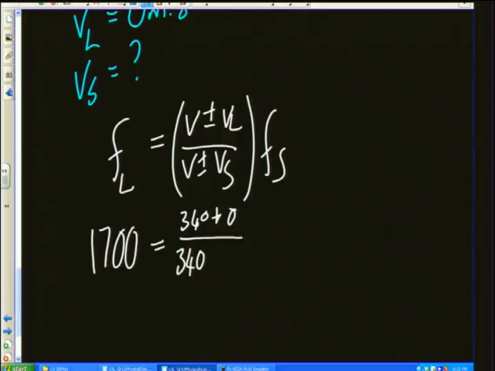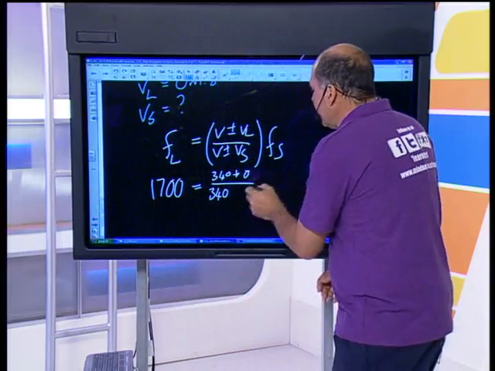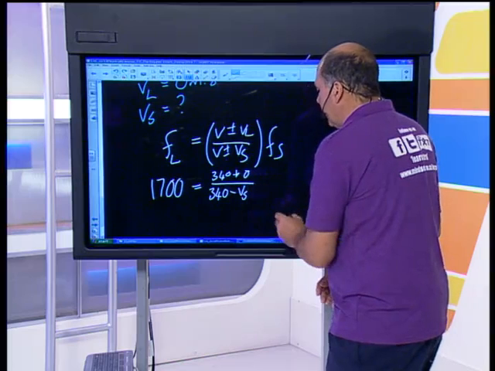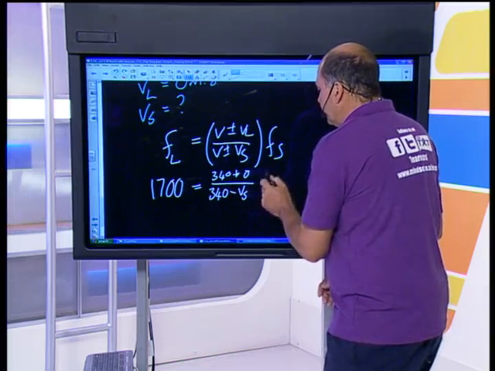Now, what do you need to recognize? To take into account that the bird is flying towards you and that the frequency is actually increasing, which we've seen, you've got to make the denominator smaller. So we added 0 on the top, so we must subtract VS on the bottom. That's what we're trying to find.